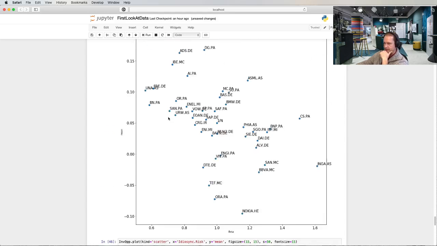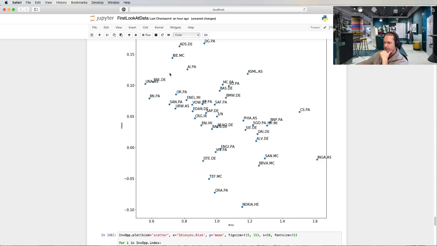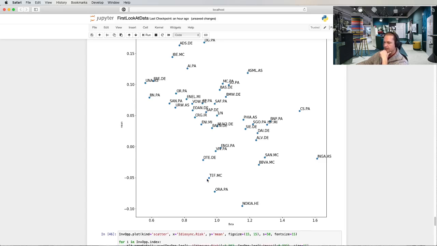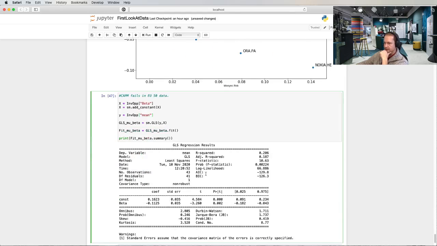That's what we do. So why do we do it? Because we just want to fit a line through here. And we know the slope of that line would be how much return you get on average for a change in beta. So it's the market price for beta risk. That's what we do here.